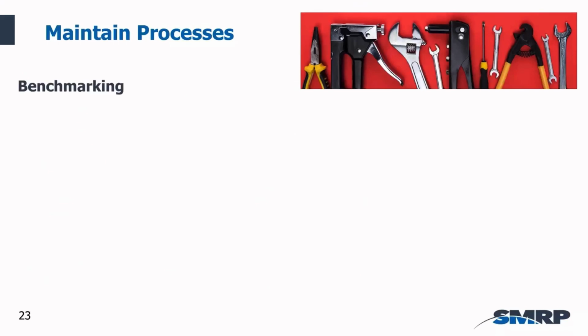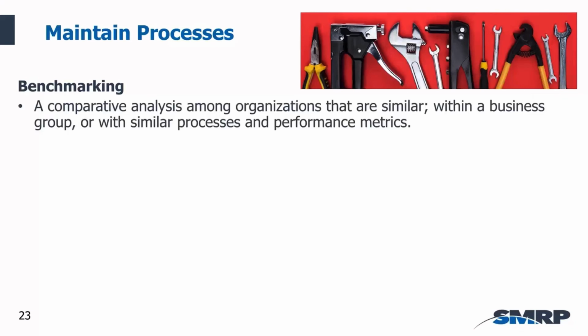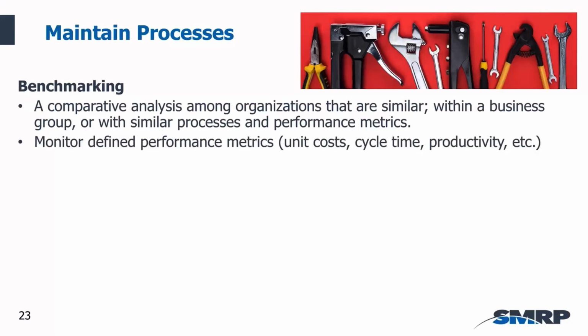And so some of the things that we use to make sure that we are maintaining our processes is benchmarking. And so benchmarking is a comparative analysis among organizations that are similar. They could be within a business group or within similar processes that have similar processes and performance metrics.